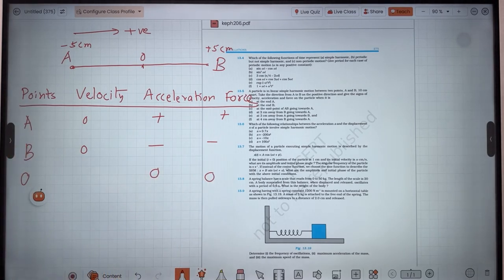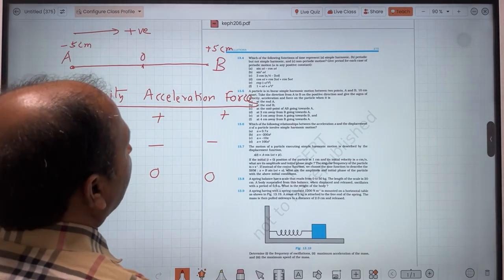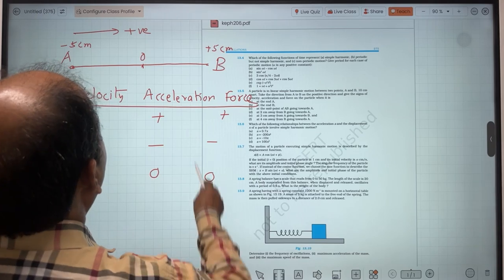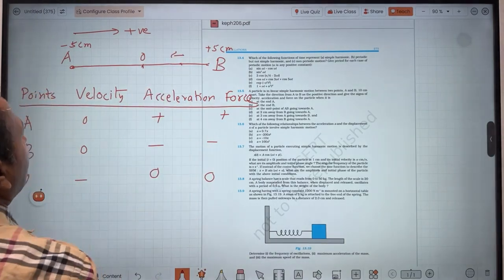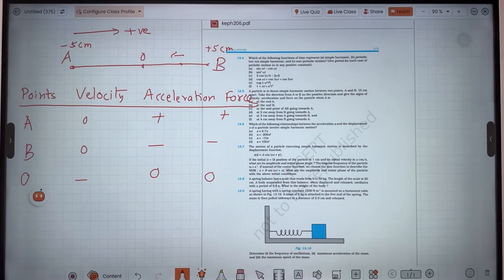So velocity will be maximum, but it will be negative, right? Now the next case says at 2 centimeter from B going toward A. It is moving in this direction. In this case, what happens? All three quantities will be negative.